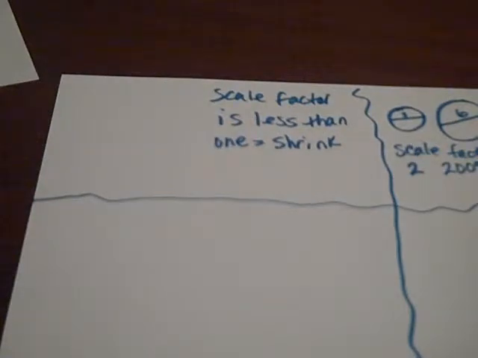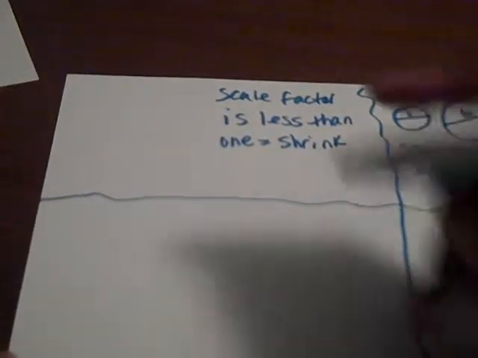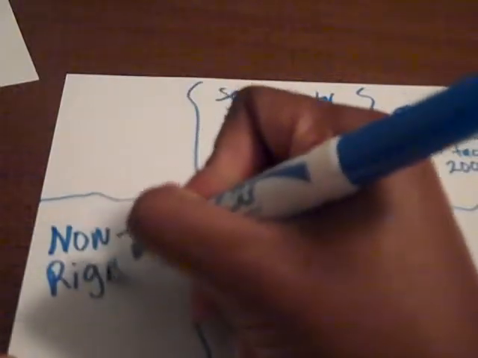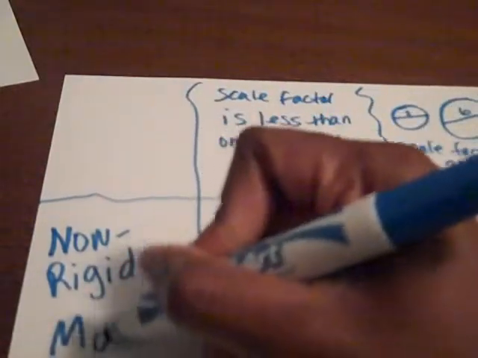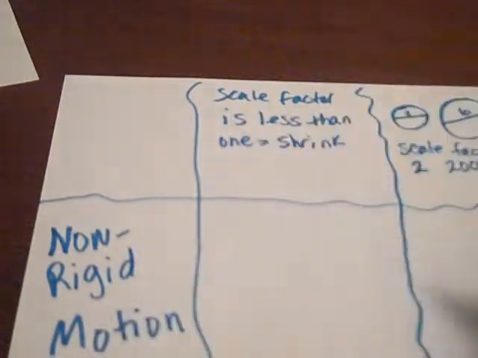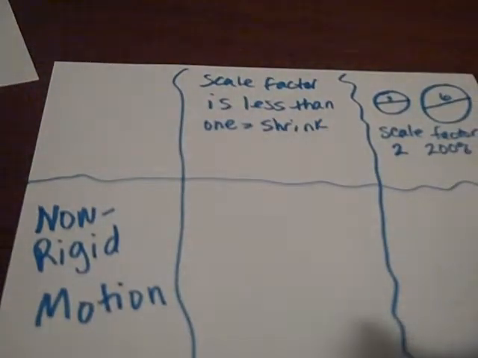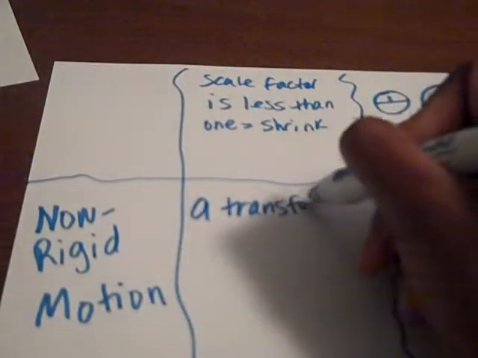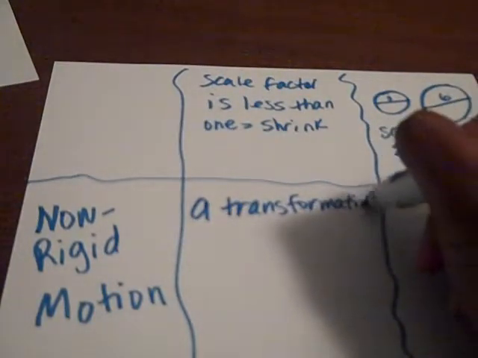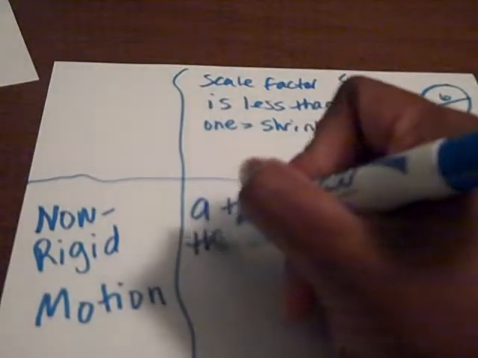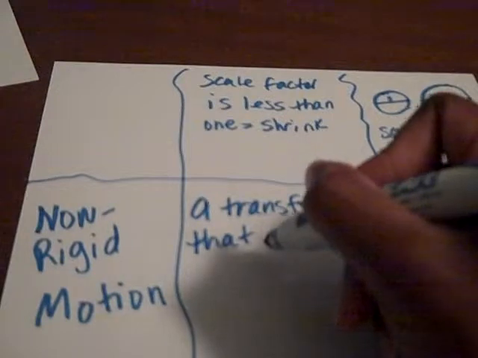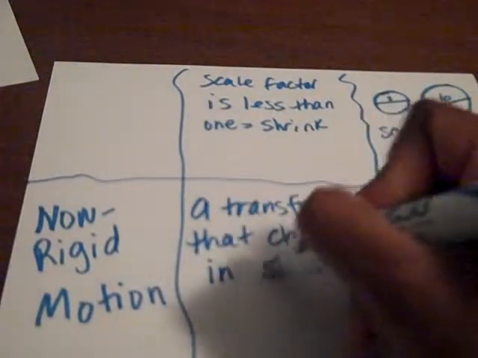Our third term is non-rigid motion. Our definition is a transformation that changes in size.